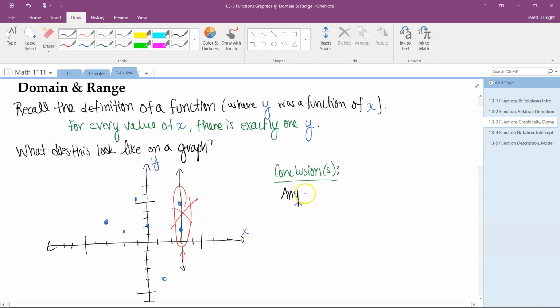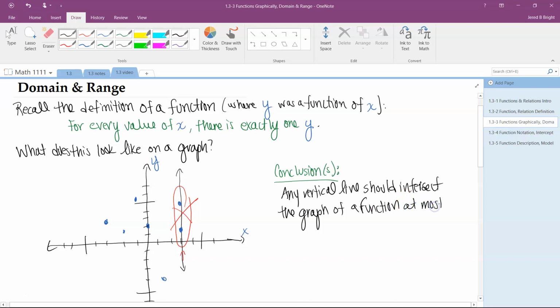Okay, so the conclusion: any vertical line should intersect the graph of a function at most once.